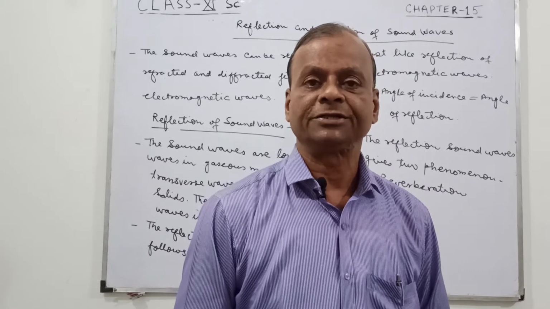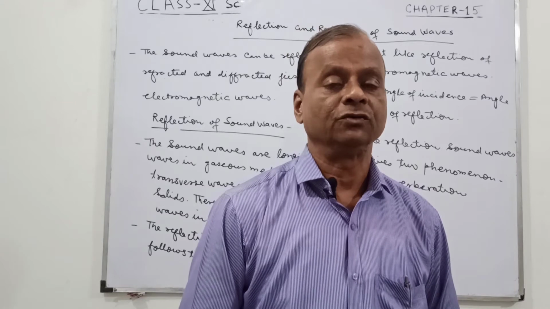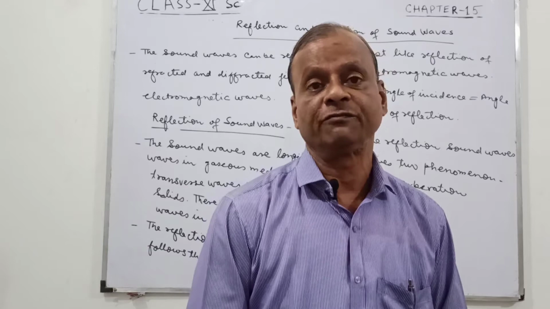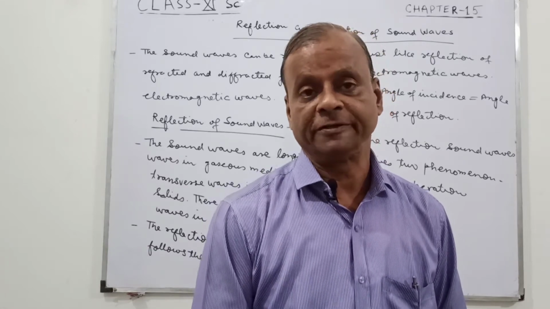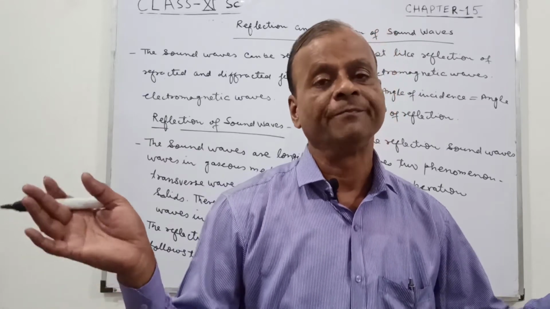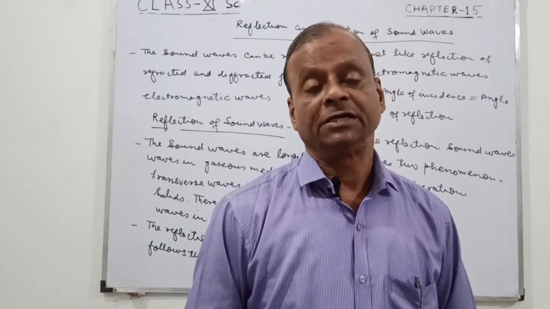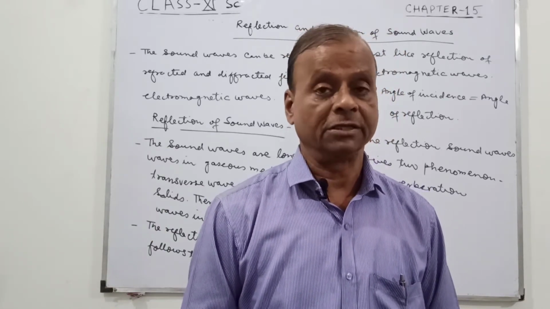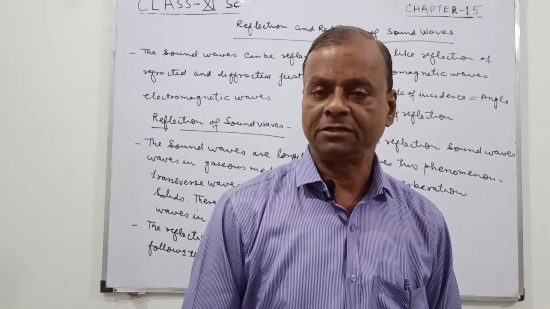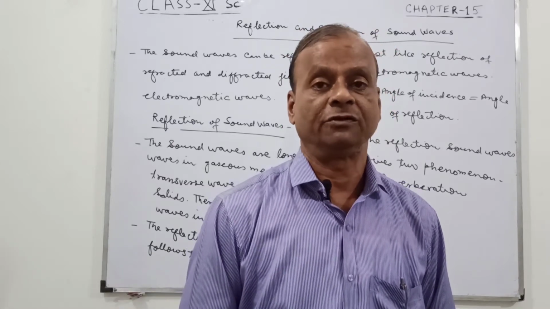Echo is also the reflection from the obstacles, and in case of echo, suppose sound is produced by some source and this is listened by some observer, and the wave also is reflected from some obstacle like a wall, building, and the hills, etc. Then, if the time of the reflected sound received by the listener is more than 0.1 second, then he will listen again the same kind of sound.